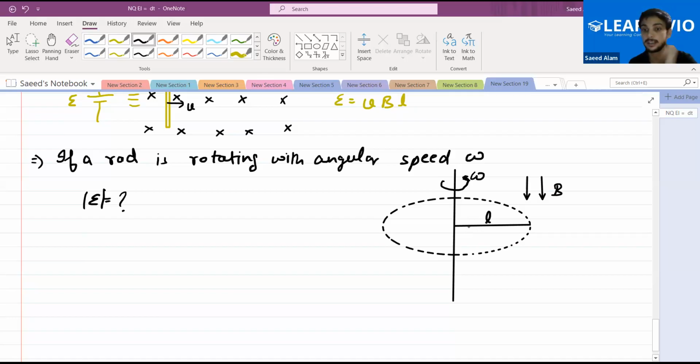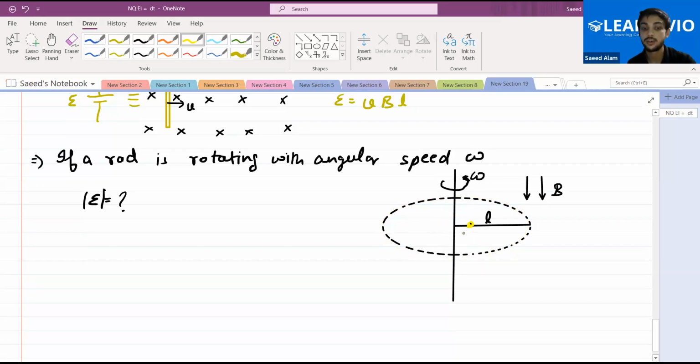Let's say I'm marking this small point. This will cover a small distance in the same time, and this will cover a large distance in the same time. So the outside point is moving with a larger speed, and the inside point is moving with a lower speed. Yes or no?